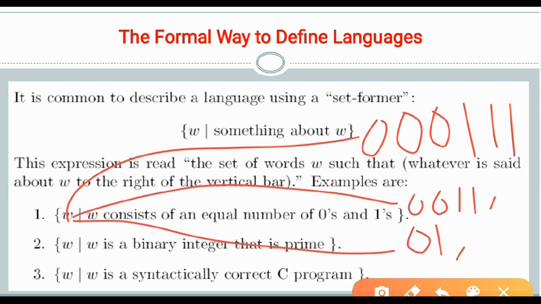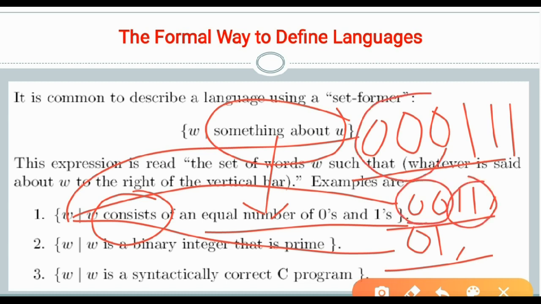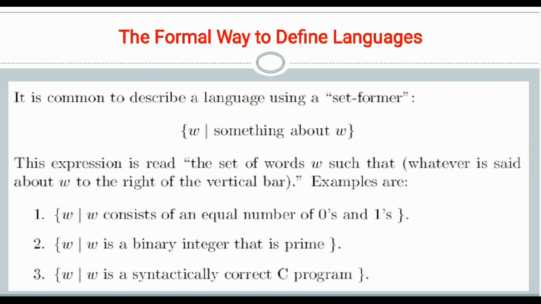These strings are represented here: w consists of an equal number of zeros and an equal number of ones, like 2 zeros and 2 ones, 3 zeros and 3 ones, 1 0 1 1. So this is the first example.